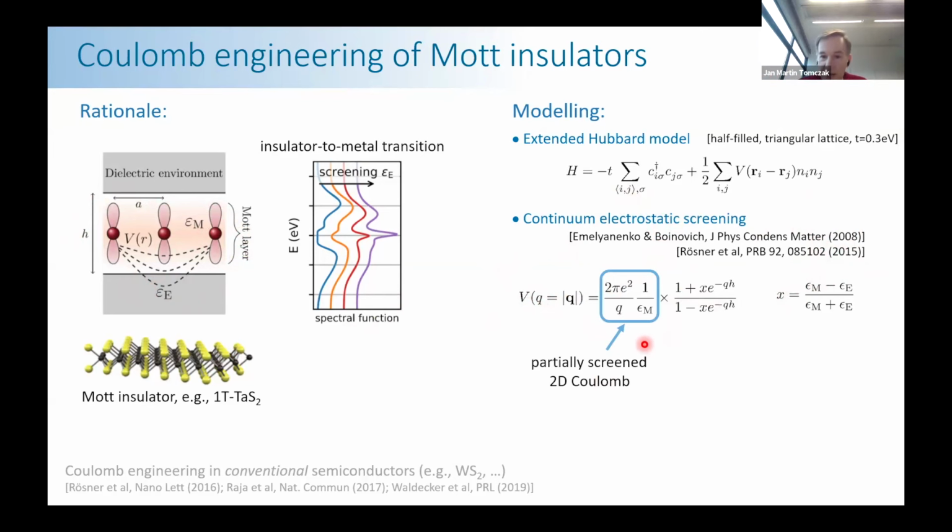The first part is the partially screened Coulomb interaction in 2D, where epsilon m basically takes into account the screening of all higher energy degrees of freedom, so everything that's not near the Fermi level. And only this second factor here models the embedding, the environment, and that depends on the geometry, here on the height of the monolayer, and also on the lattice constant via Q, and on the difference or ratio of the dielectric constants between the environment and the layer itself.